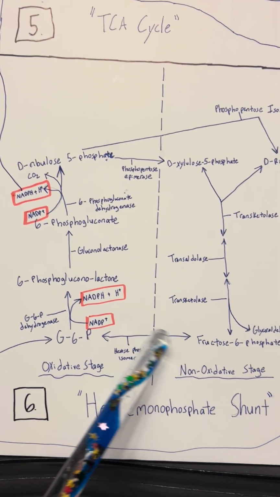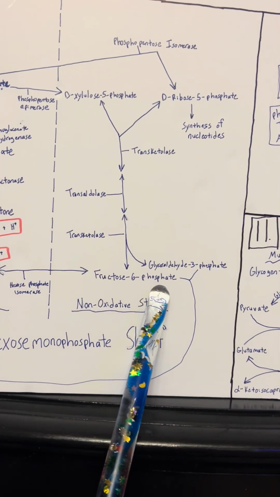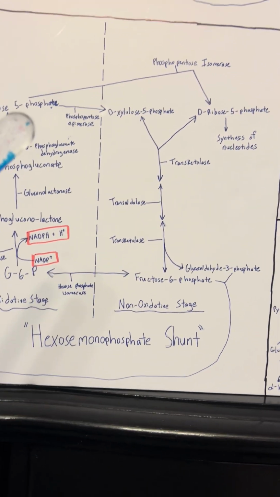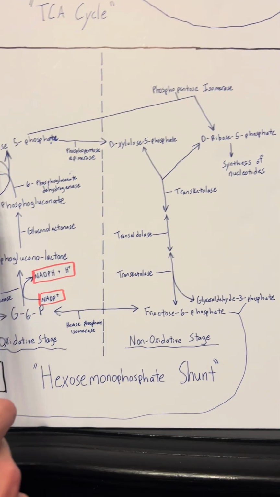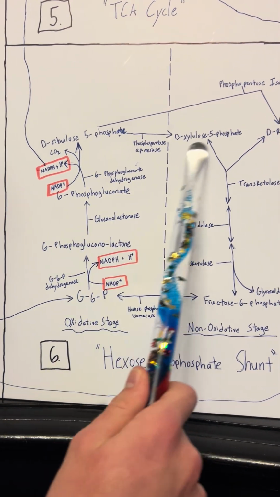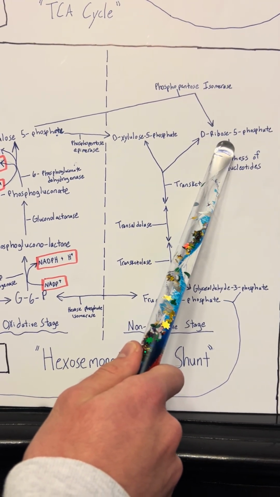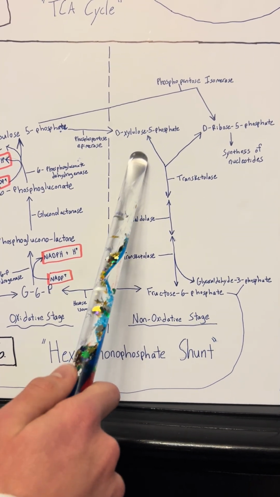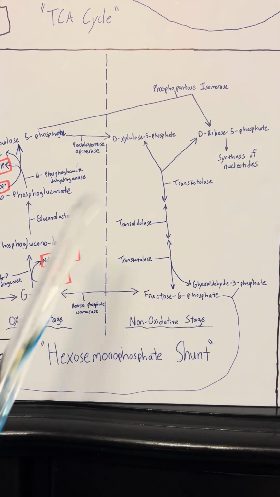Going over here, glucose 6-phosphate is converted to fructose 6-phosphate by hexose phosphate isomerase. And up here we have D-ribulose 5-phosphate from the oxidative stage being converted to D-ribose 5-phosphate for nucleotide synthesis, or deoxyribose 5-phosphate, both by phosphopentose isomerase.